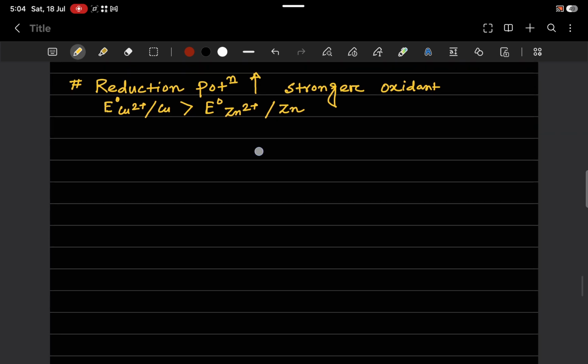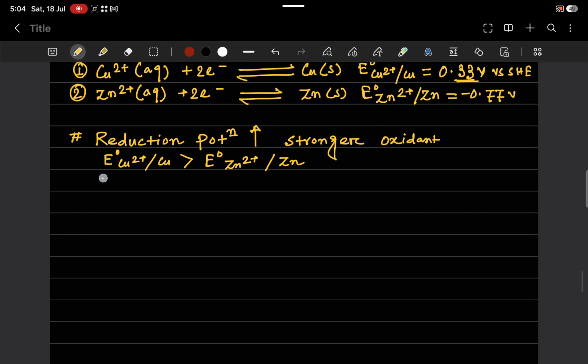To say this, I have already told that delta G0 should be less than 0, and for that E0 cell should be positive in value, right?